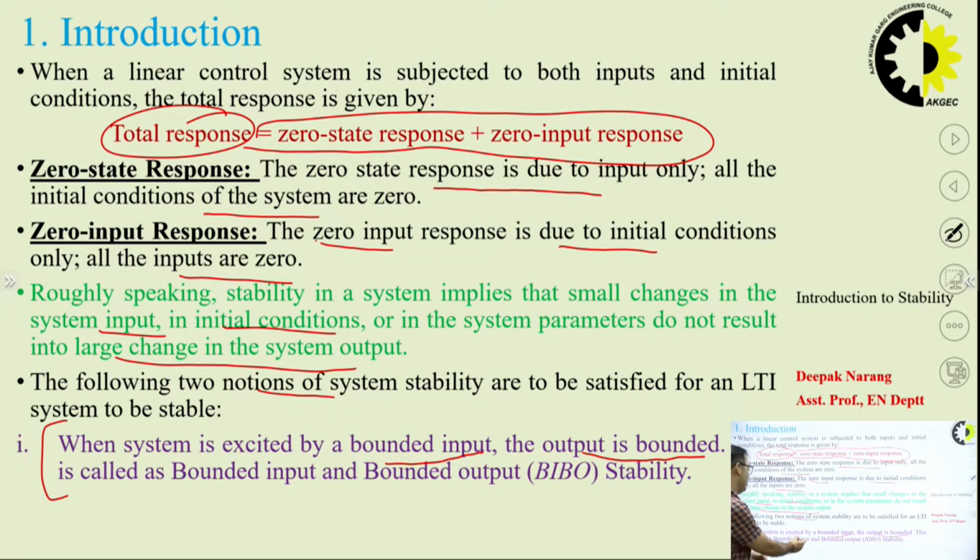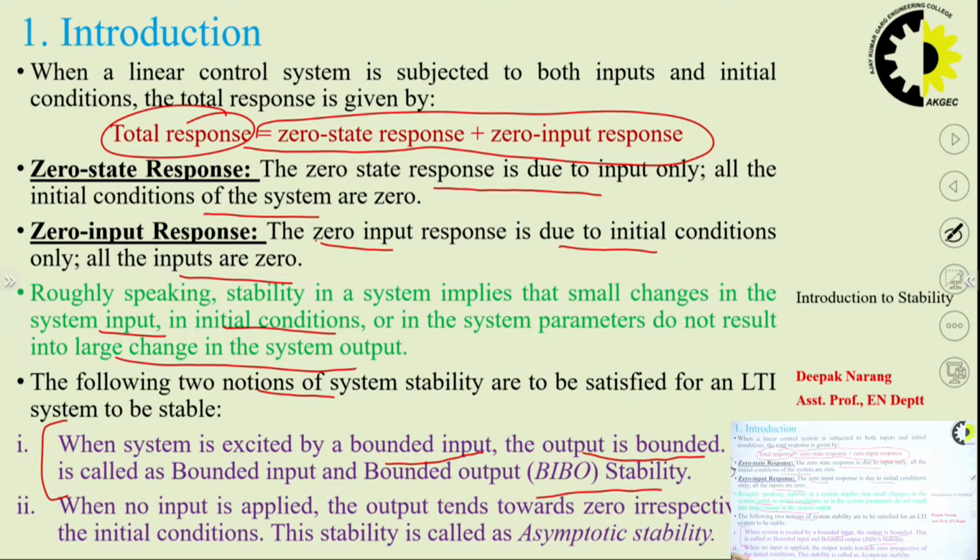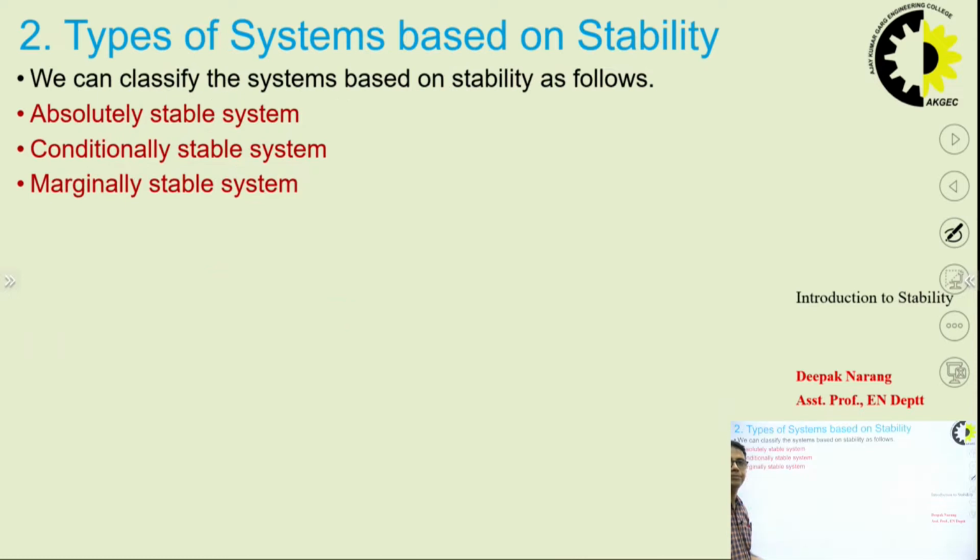This stability is defined as BIBO stability, or bounded input, bounded output. And second, when no input is applied and the output tends towards zero irrespective of any initial condition, then the system is said to be asymptotically stable.